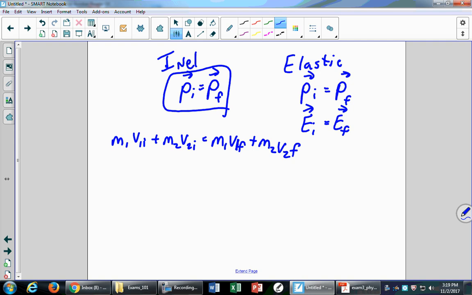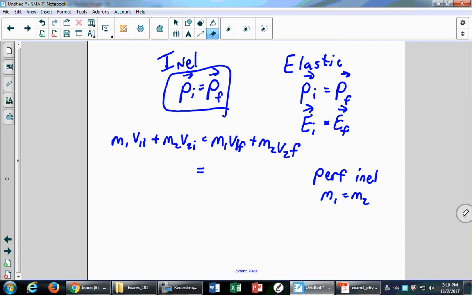If you have a perfectly inelastic collision, it's just a special case of this where, excuse me, not M1 equals M2, but V1F equals V2F, because they stick together and they move off at the same speed.